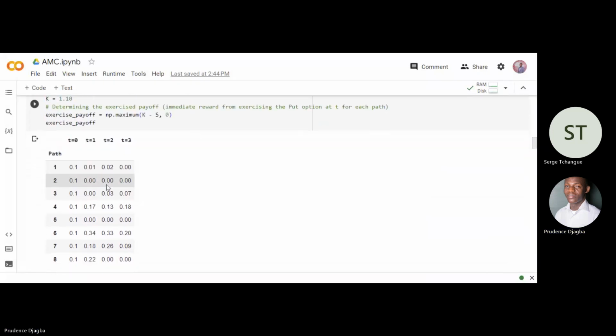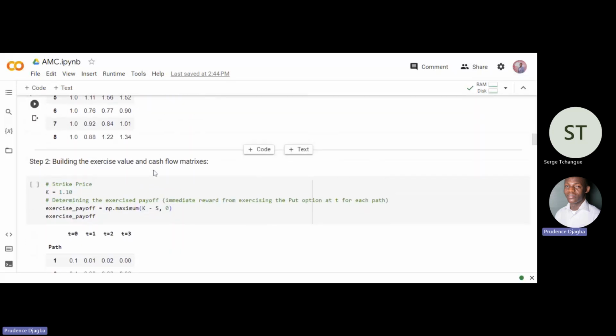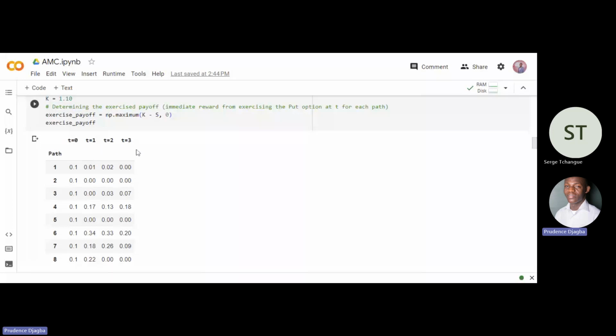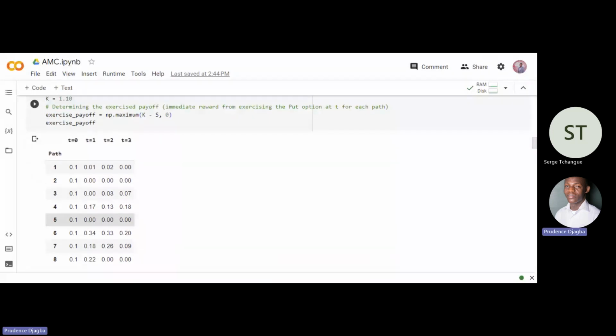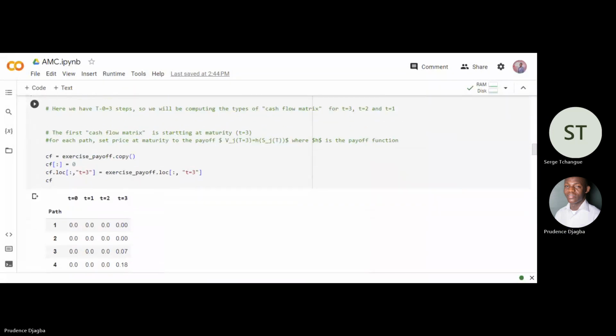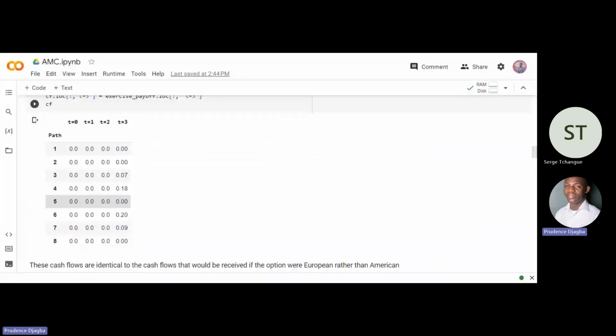So that's what the first matrix does. Since we have 3 times, 1, 2, 3, we need to build 3 cash flow matrices. The first cash flow matrix is just the exercise payoff at those different times for those 8 paths. Yeah, this is the first cash flow.